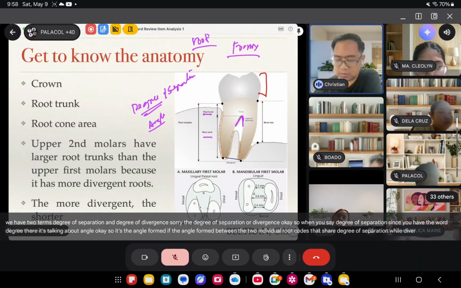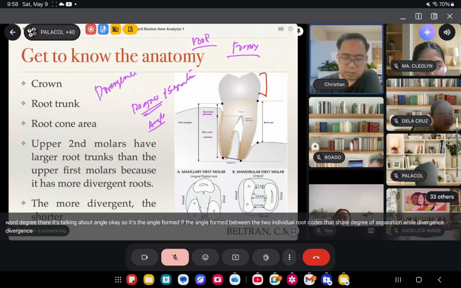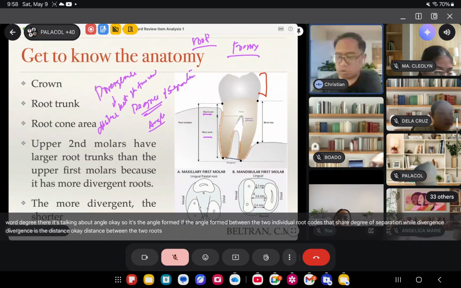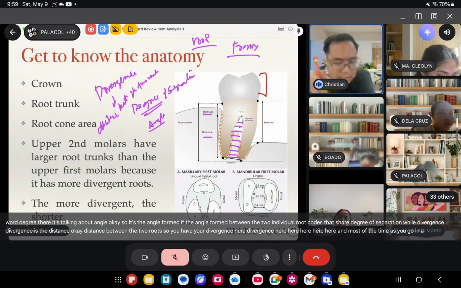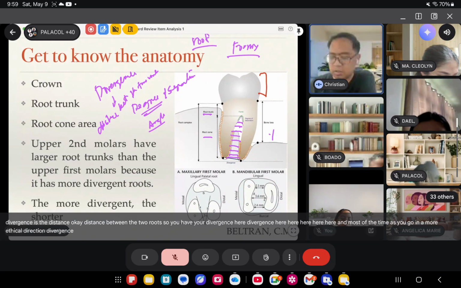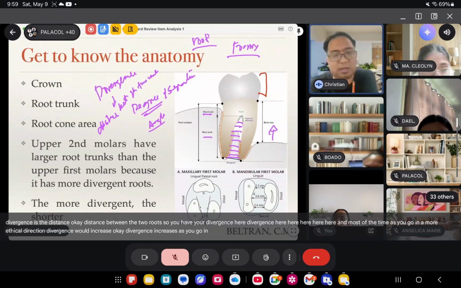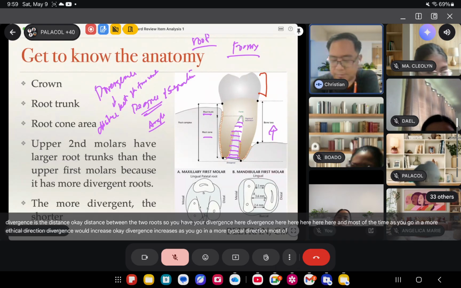While divergence is the distance between the two roots. So you have your divergence here, here, here, here. And most of the time, as you go in a more apical direction, divergence would increase. Divergence increases as you go in a more apical direction, most of the time.